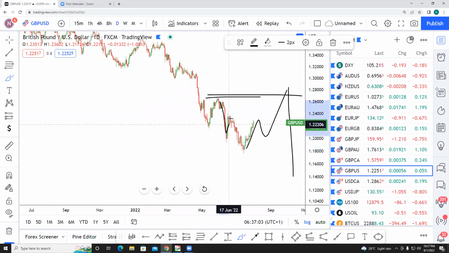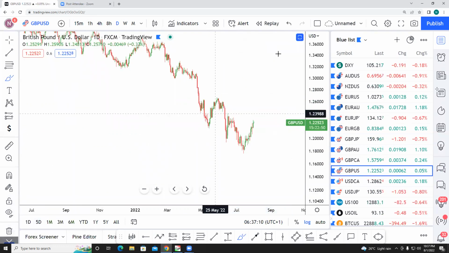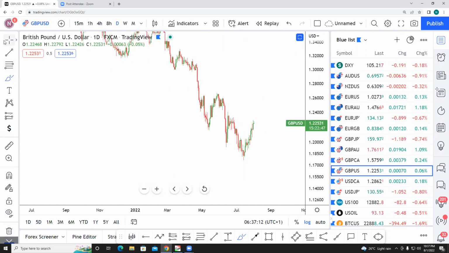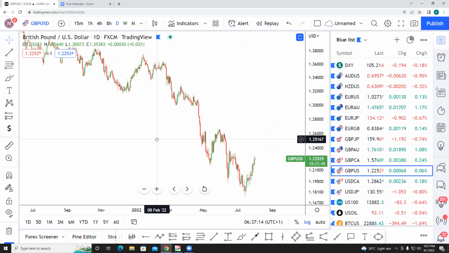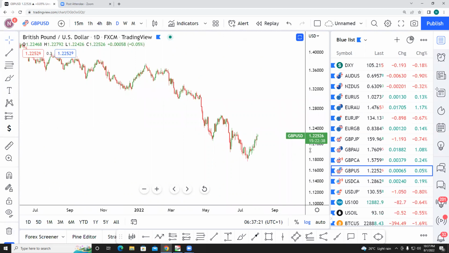This supply here within a correction, I don't respect it. Okay, I don't respect any supply level within corrective structure. You can write that in your note, and take note of that. Any supply level within a corrective structure is not to be taken seriously.